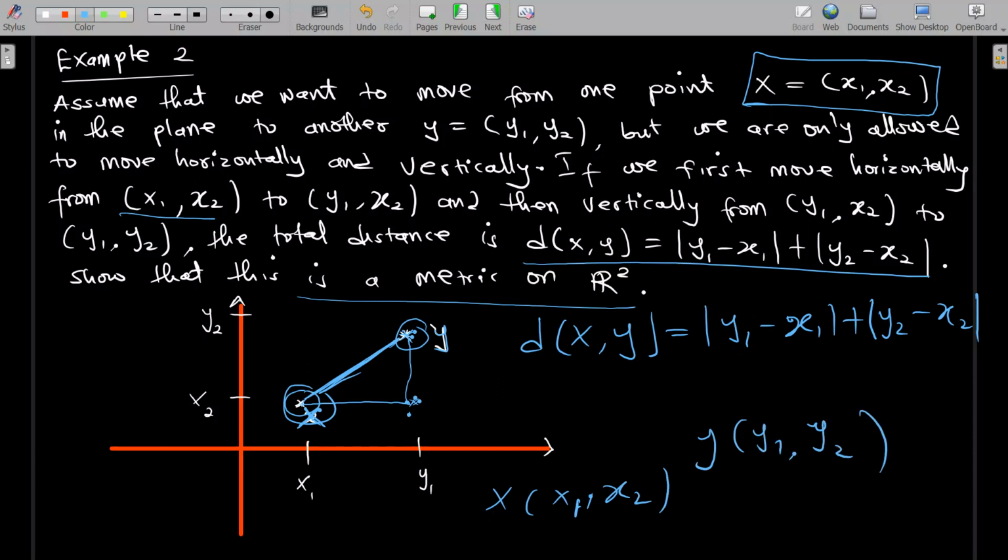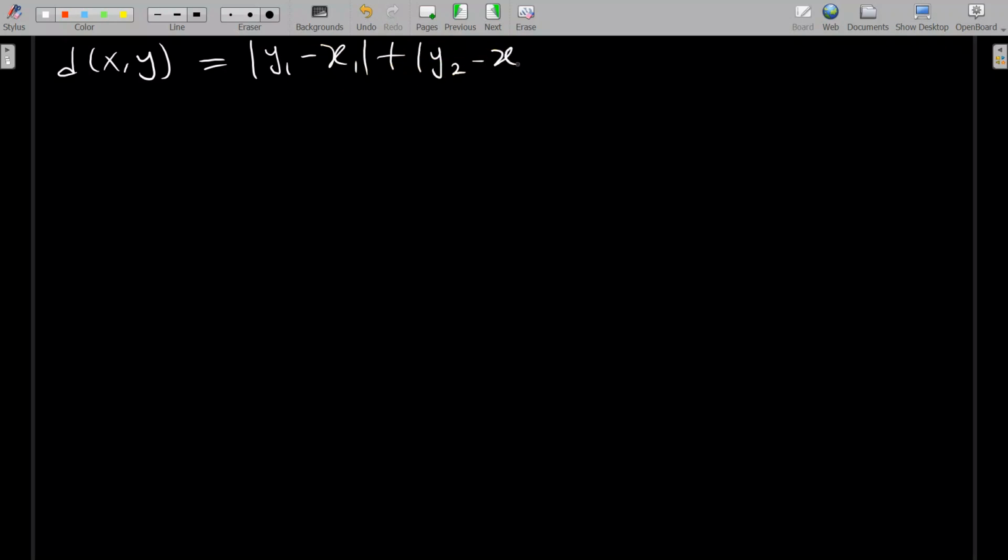So the most important thing you should know is the definition of the distance, which is given by the absolute of y1 minus x1, plus the absolute of y2 minus x2. So this is the definition, and we are supposed to show that this is a metric on R2. It means every point we pick in R2 should be a two-dimensional quantity.